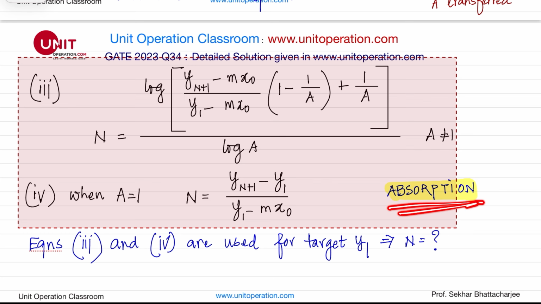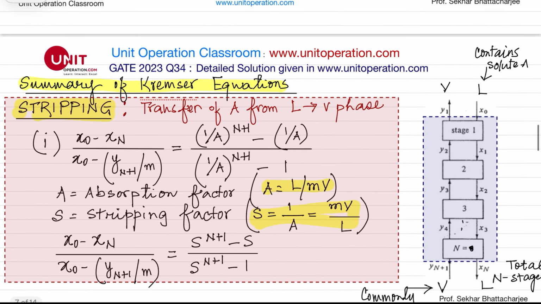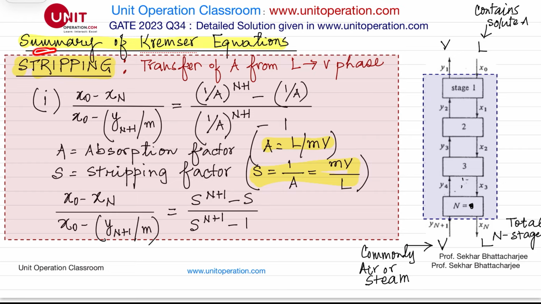So that's for absorption. We have similar equations for stripping, the same Kremser equation. In stripping operation, we know the concentration of the pollutant or the contaminant or the solute in the inlet liquid, and let's say it's being stripped with air or steam.